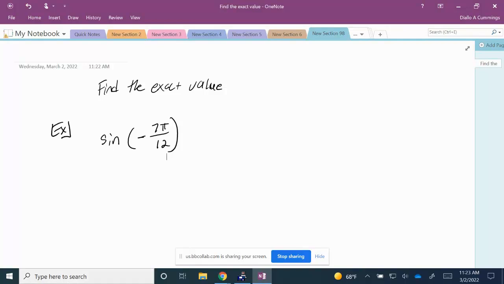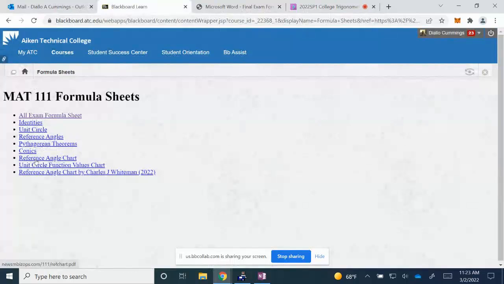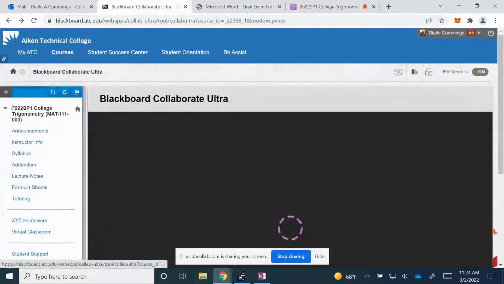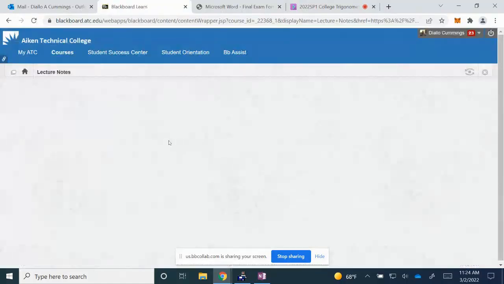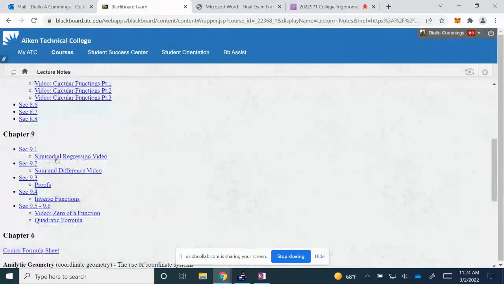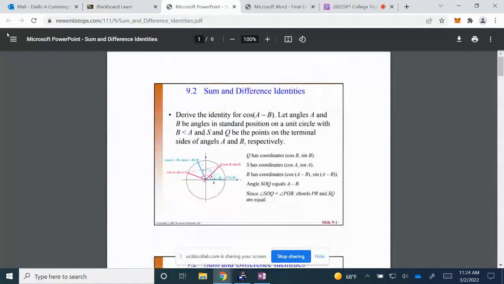So just remember from our negative number identities, and unfortunately the only place the negative number identities can be found is, I believe, in the lecture notes. I believe it was 9.2. No, I'm sorry, it was 9.1.